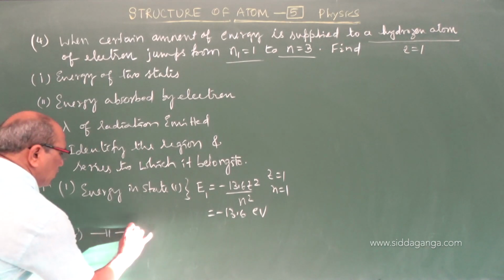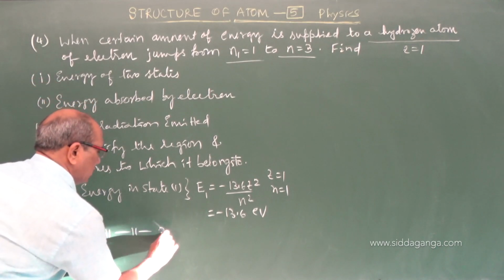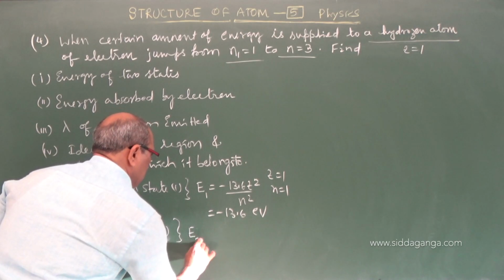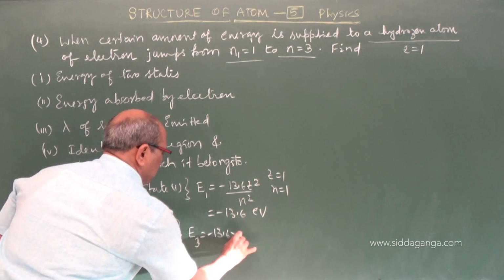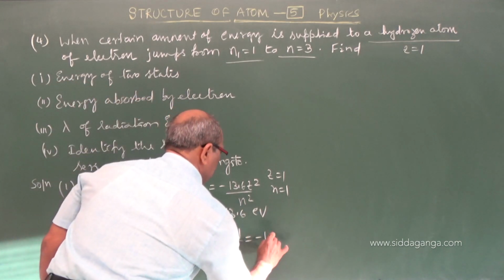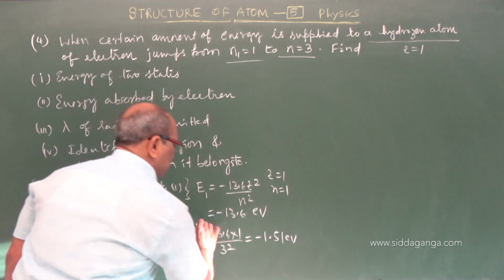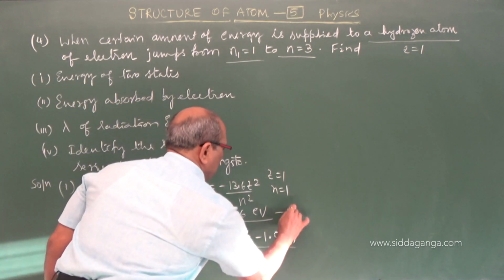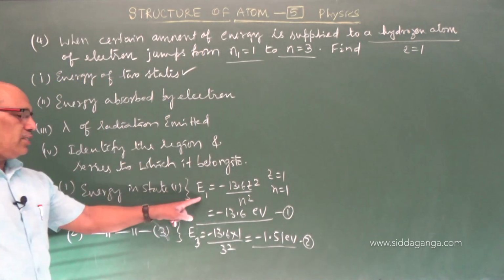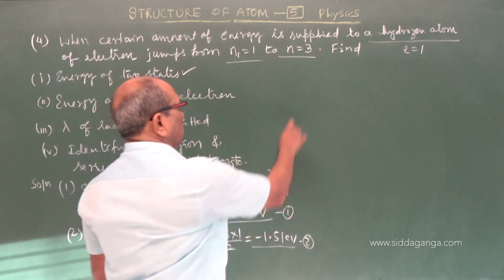Second, energy in state 3, n equal to 3. E3 is equal to minus 13.6 into 1 by 3 square, that is 9, which gives minus 1.51 eV. So I got the two answers, the energies of the two states, using the relation E equal to minus 13.6 Z square by n square.